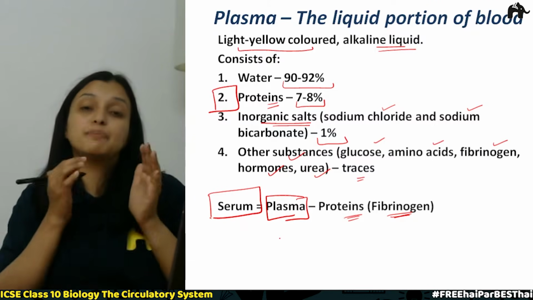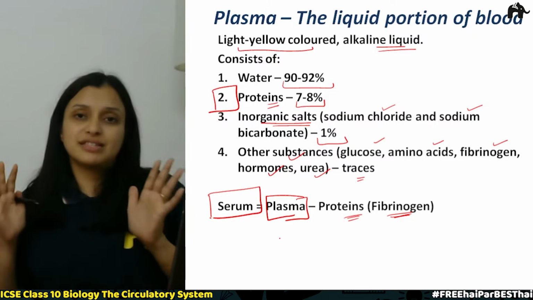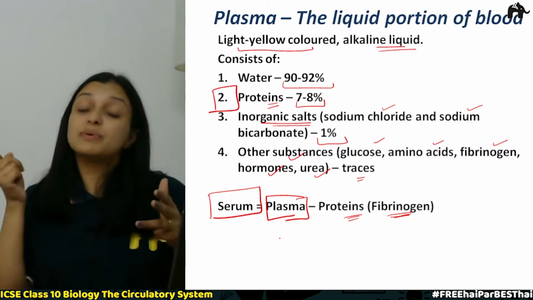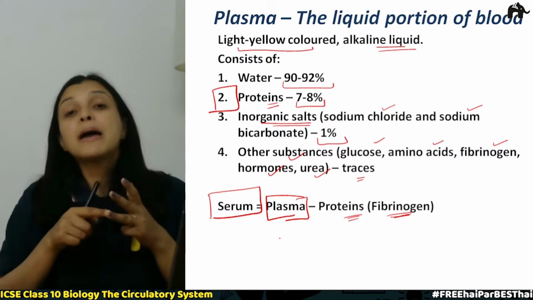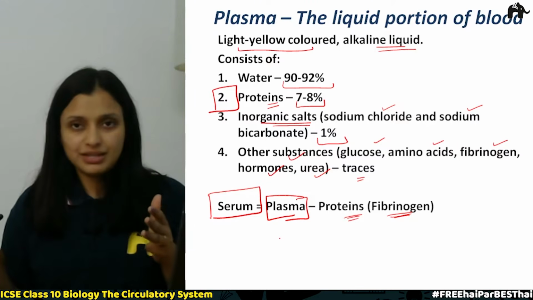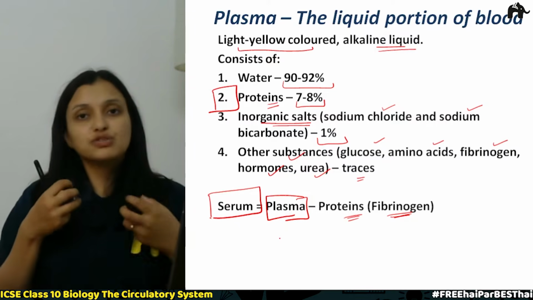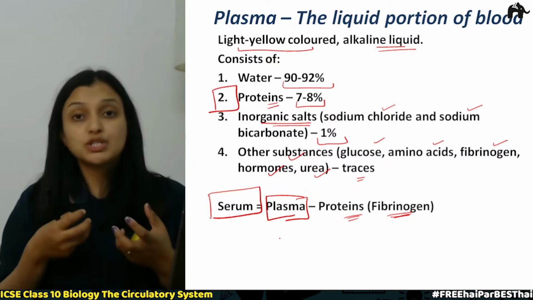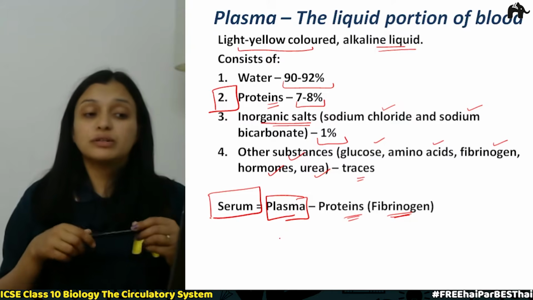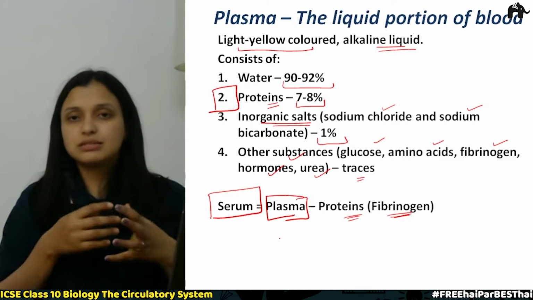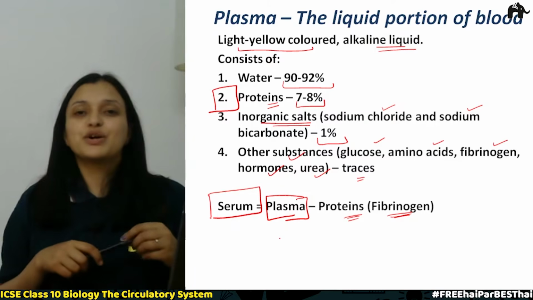So serum is plasma minus proteins, right? There will be water, there will be inorganic salts, there will be other substances in trace amounts, but there will be no proteins in serum. Correct? So I hope this is clear. This composition is very important to understand. There might be 1 mark questions from these small topics in your exams.